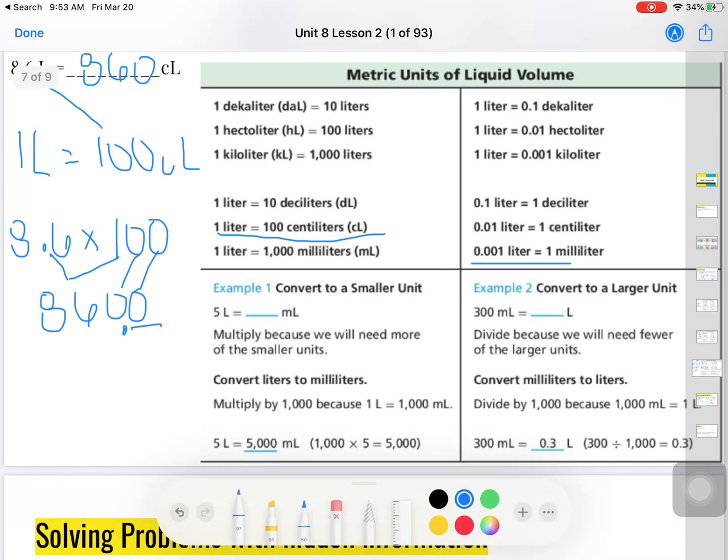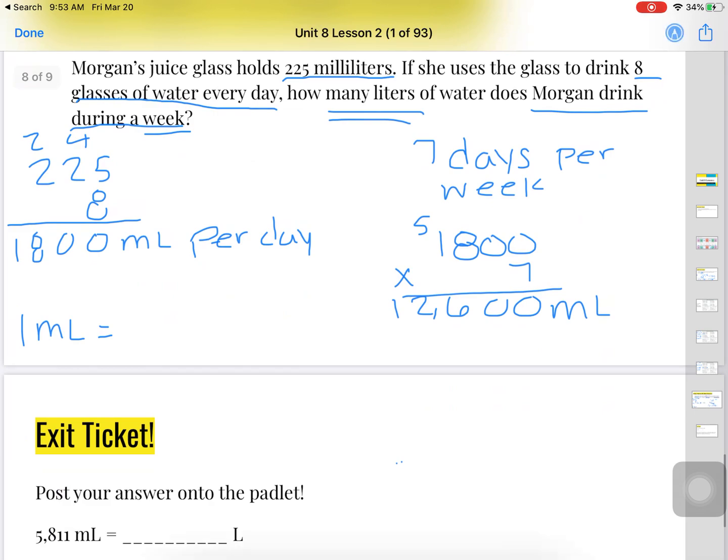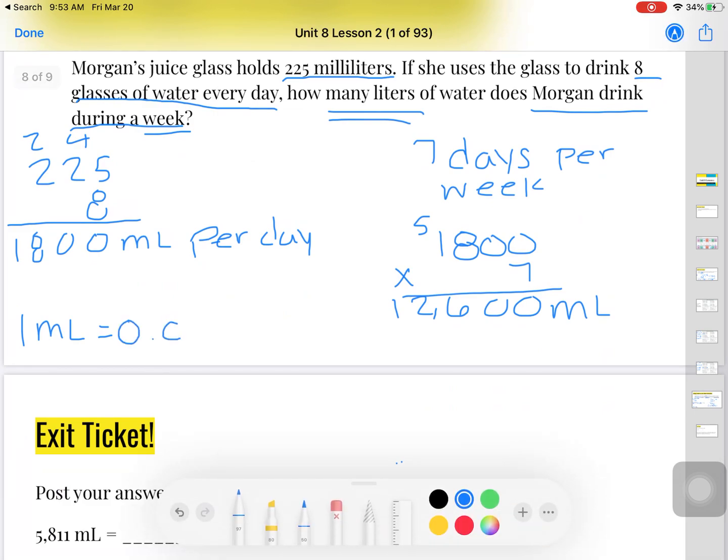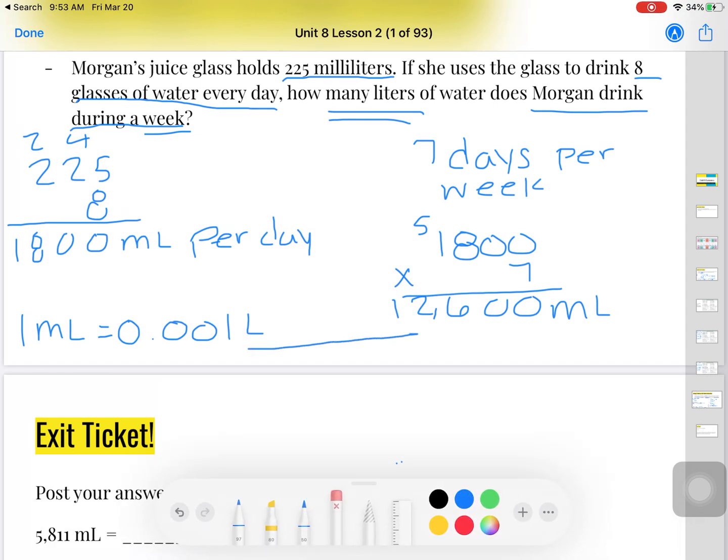So that's right here. 1 milliliter equals 1/1000th of a liter. So we're going to multiply these two here.